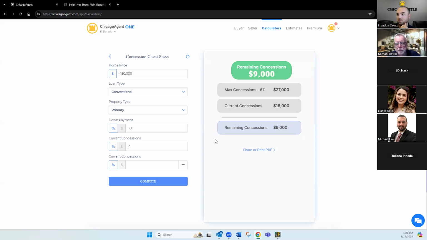So what that would mean is that if the seller was normally giving 4 and you want the buyer's agent to get 2.5, now the concession is 6.5, which is still probably okay, depending on whether or not it's an FHA loan, or it wouldn't be okay on an FHA loan.